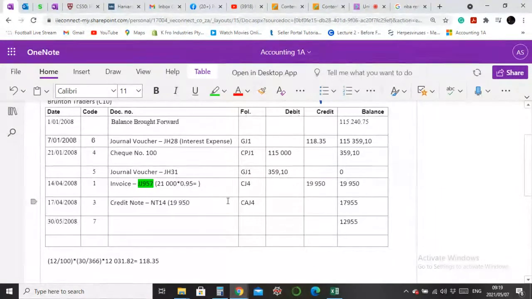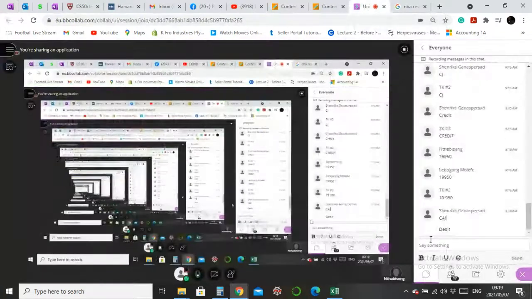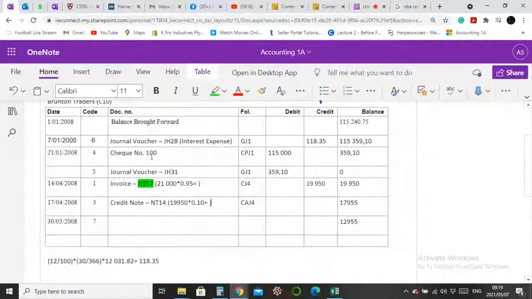Let's see if it will actually calculate within the application. Times 10%. Okay. Nope. Are we debiting or crediting? Yes, we are debiting. Thank you very much.